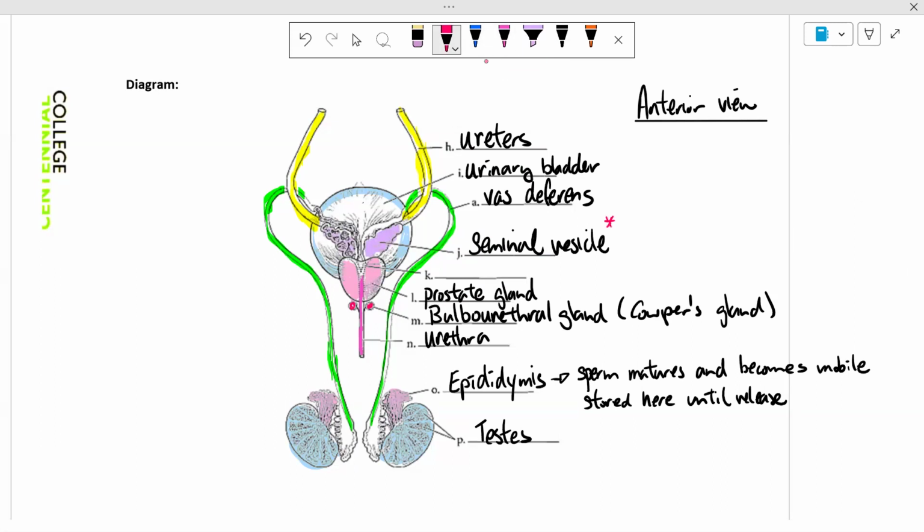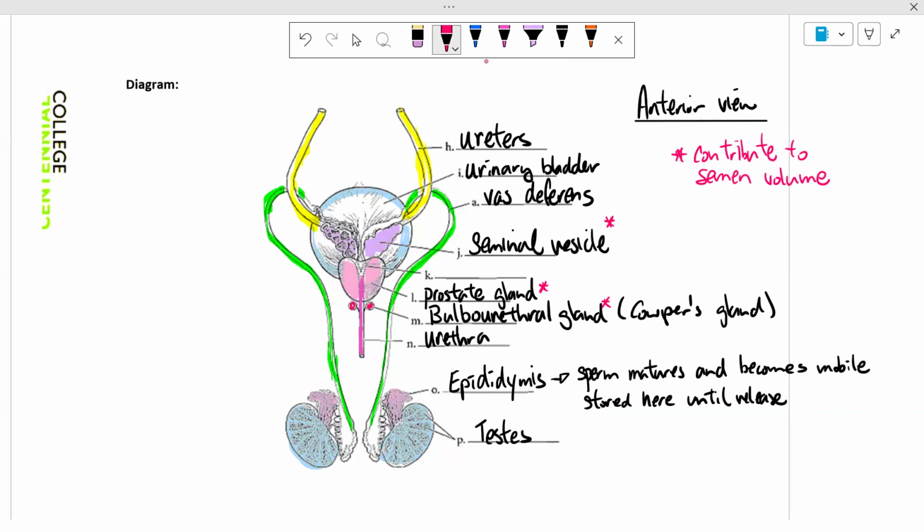So the seminal vesicle, the prostate gland, and the bulbourethral gland contribute to semen volume. Semen contains the sperm, but there is other stuff in it too, like nutrients and some alkaline solution.